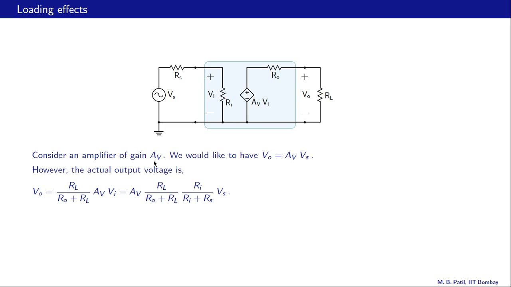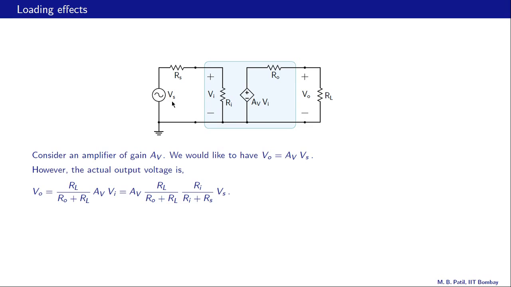This VO is not quite AV times Vi because there is a voltage division here. So it is AV times Vi multiplied by RL divided by RL plus RO. That is this expression here. Also this Vi, the voltage across the amplifier input terminals, is not quite Vs, and again there is a voltage division here.